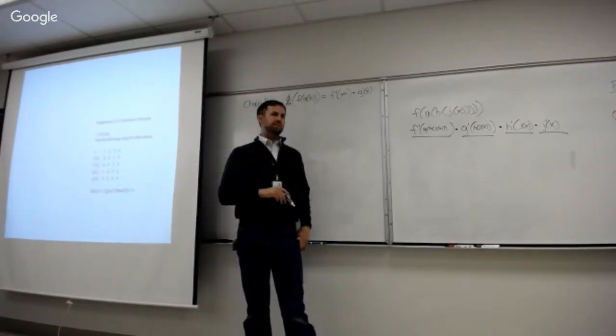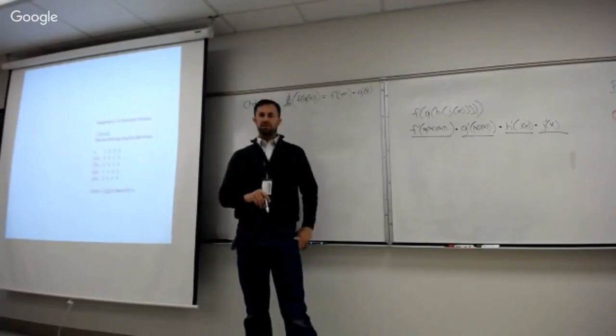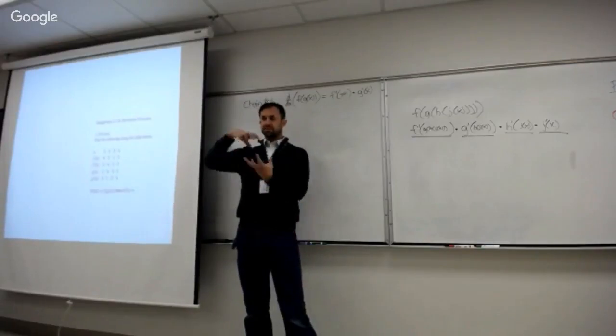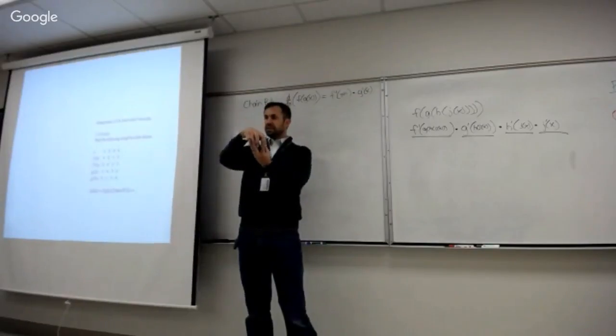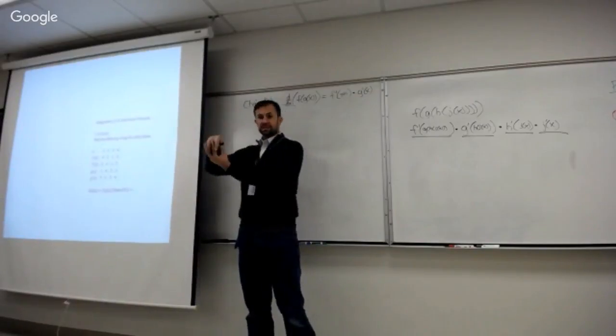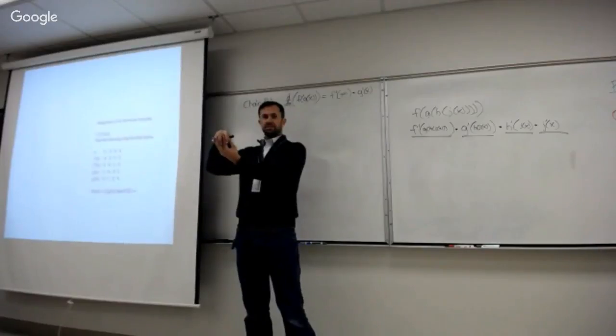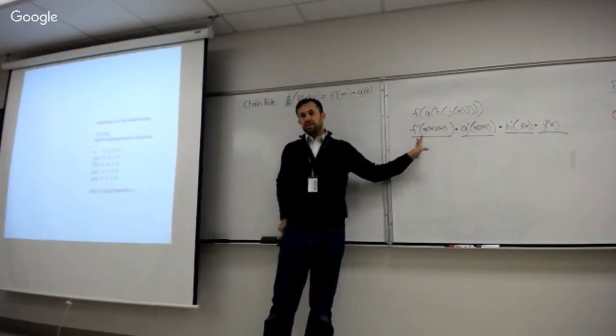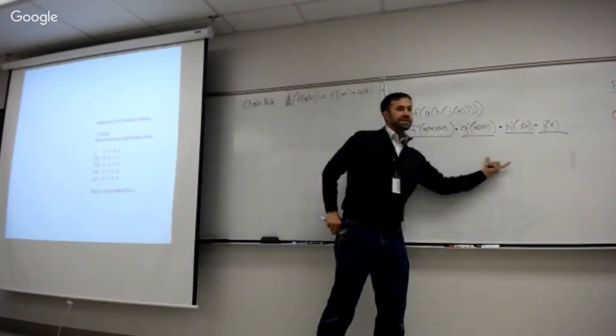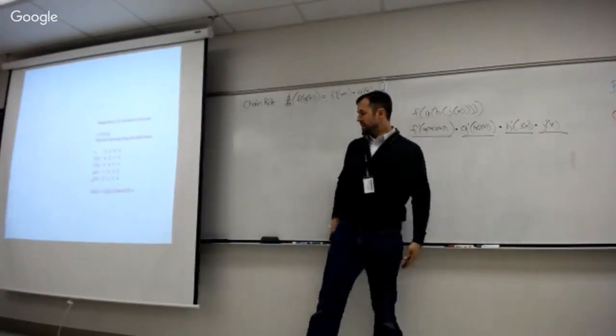What would be a better name for this, though? Maybe the Russian doll rule. You know those Russian dolls where you take off the top of the Russian doll, and then there's another small Russian doll inside. Then you take that out and take the top off of it, and there's a smaller Russian doll inside. I think this would be better if it was called the Russian doll rule. But they call it the chain rule because the terms get chained together through multiplication. Okay, so that's our chain rule.